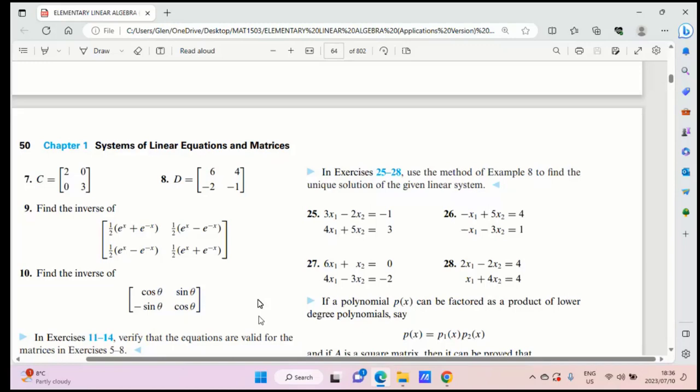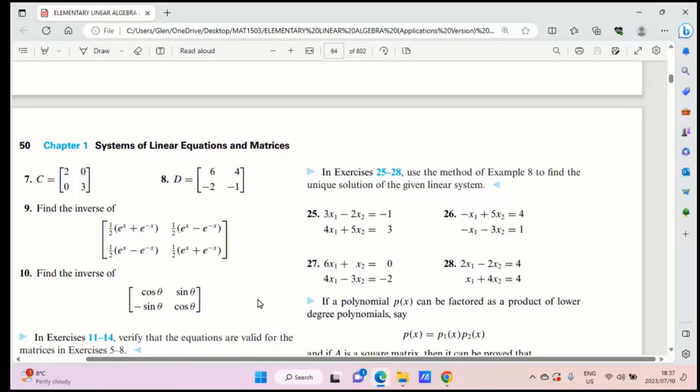You said half e to the power x plus e to the power negative x. Yes, that's my first entry. Thank you. Let's go to the next entry. The next entry on the first row is negative half, open bracket e to the power of x minus e to the power of negative x.